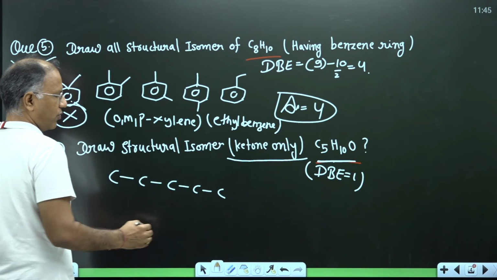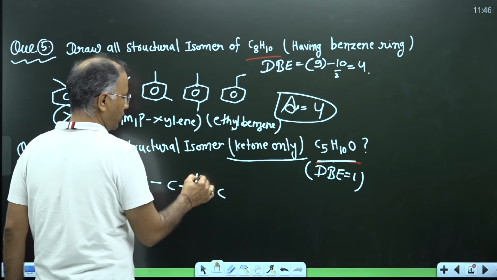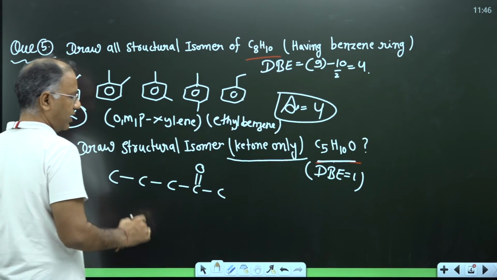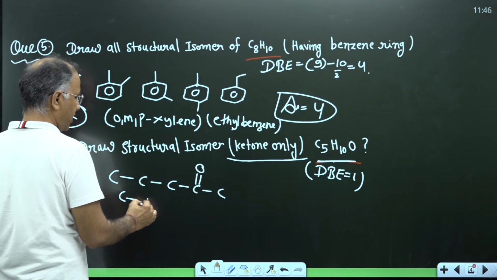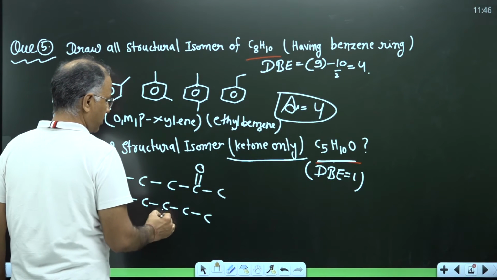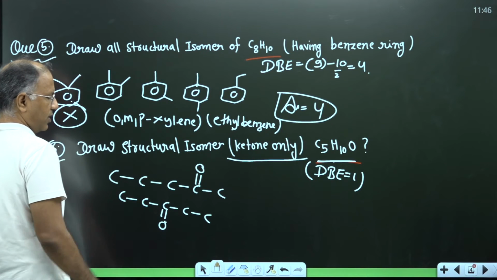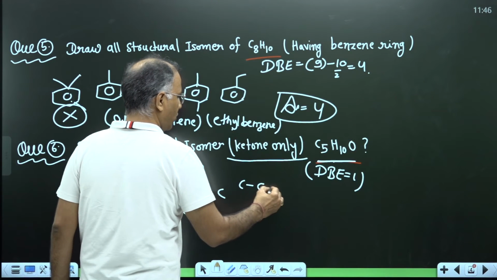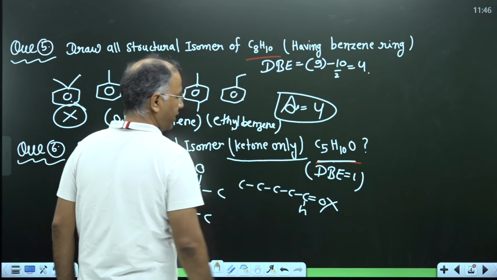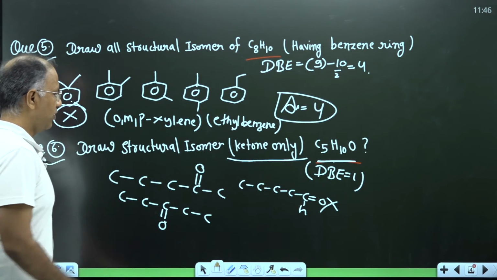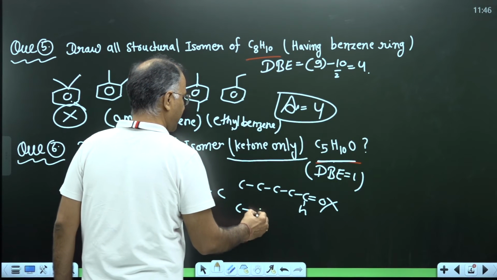Since we have to draw a ketone, we place C double bond O on the second carbon, 2-pentanone. And what is the other possible ketone? Similarly, we can draw 3-pentanone. If I draw C double bond O on the first carbon, then it is an aldehyde, not a ketone.